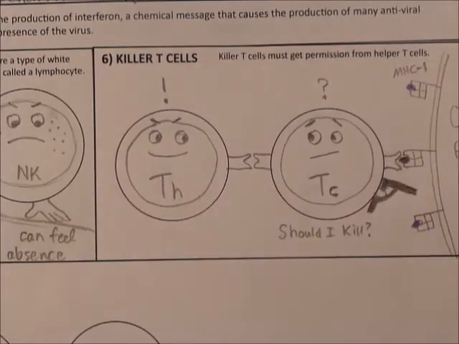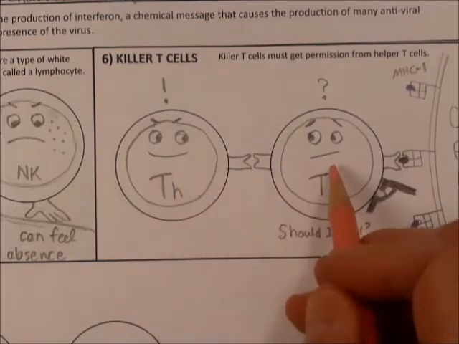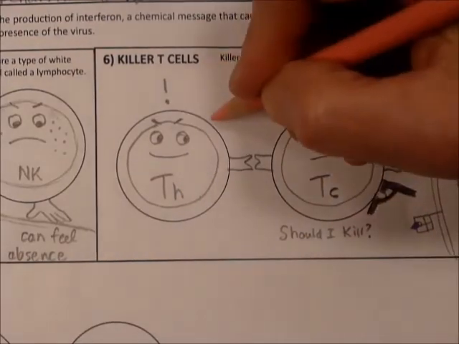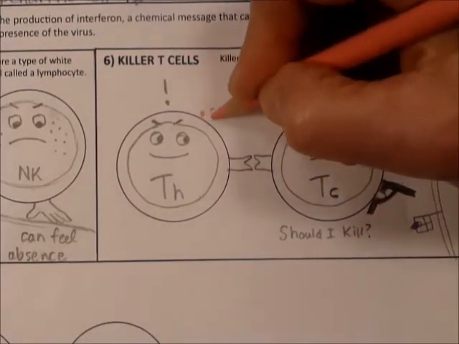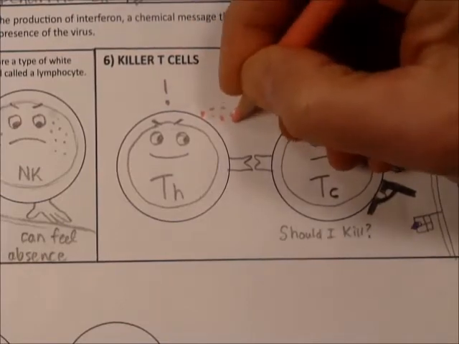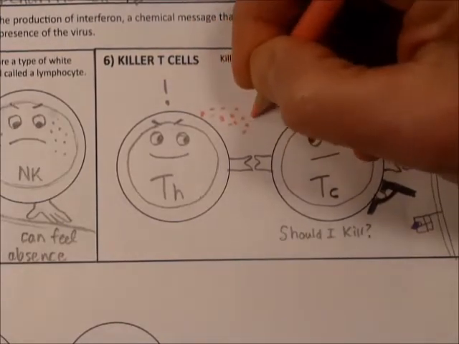Because it was given instructions by the macrophage to tell this guy to kill, it can send a message. Let's make it a chemical message, some cytokines. Chemical message goes across.